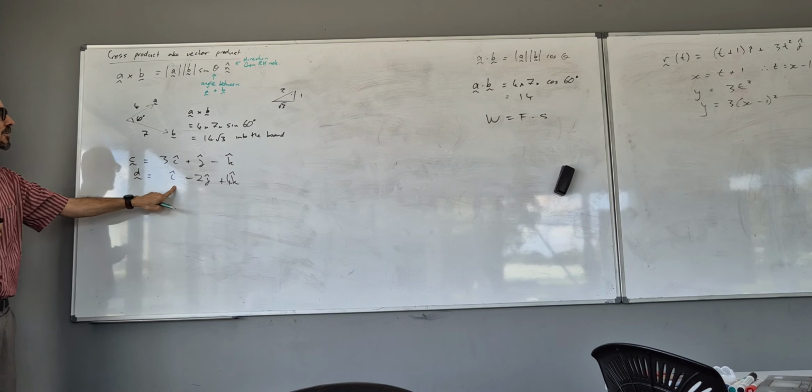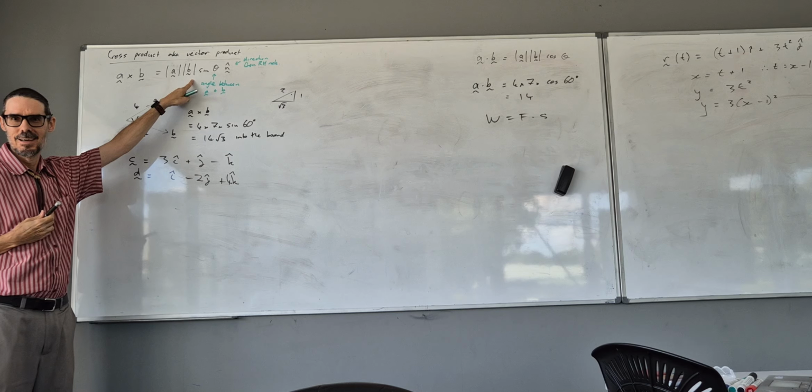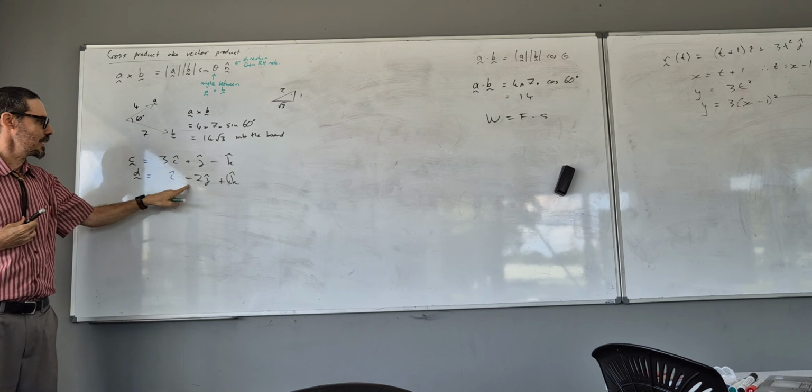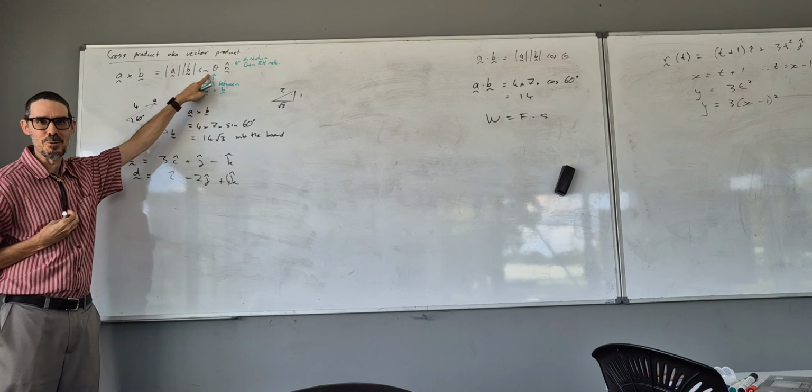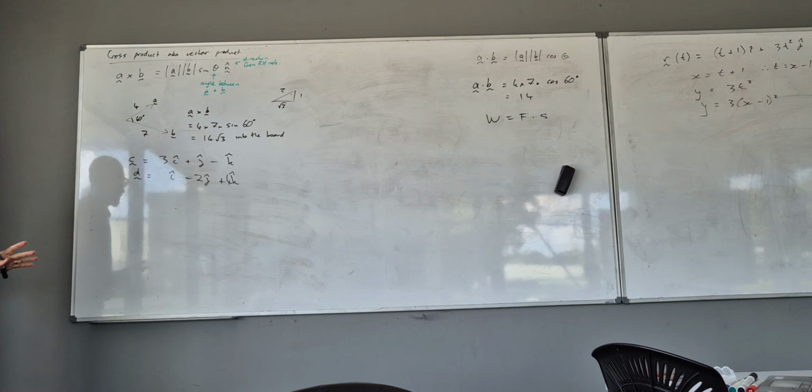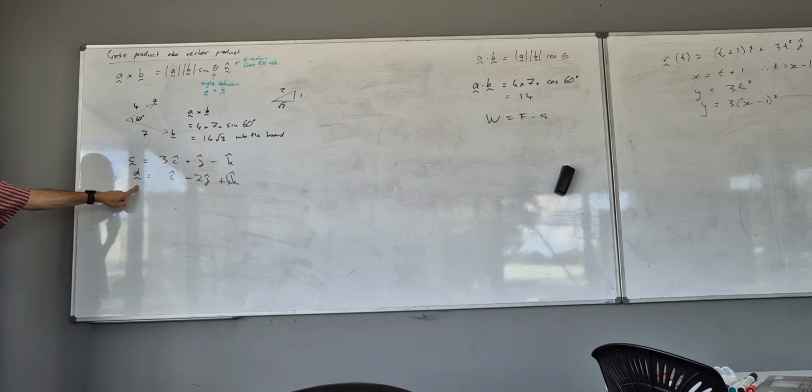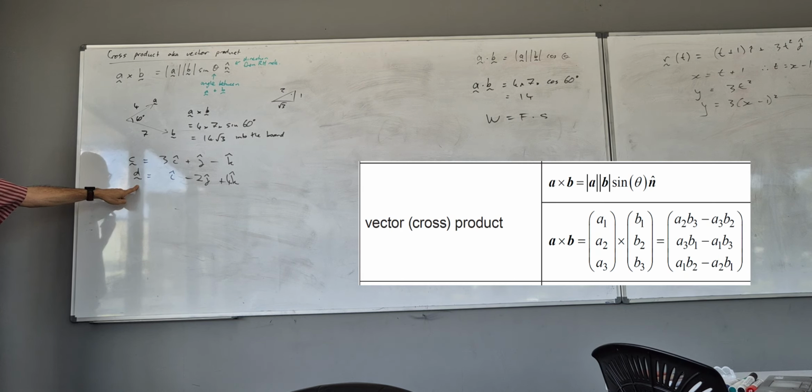Do I really want to find the two lengths, figure out somehow the angles of these and work out the angle between them? No, I do not. I want to be able to work this out in Cartesian form. There's a lovely formula up there. That is on your formula sheet.